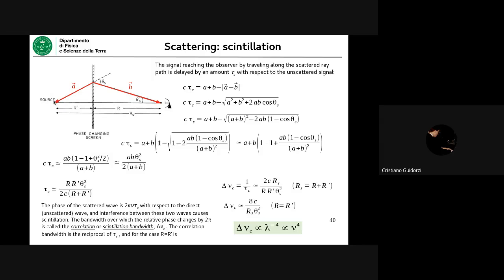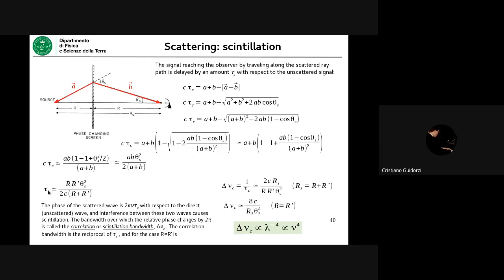Let's suppose that the source just emits a very narrow pulse. Because of this effect, as an observer, you will receive rays from different points, having different light travel times. So the typical delay between all the different rays will be set by this quantity here. But this quantity here is the reciprocal of the correlation bandwidth.